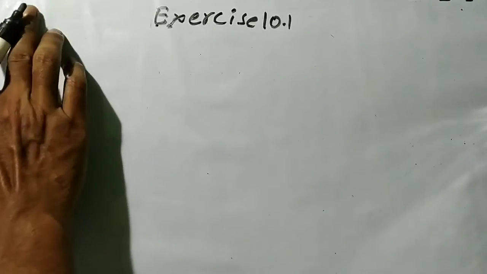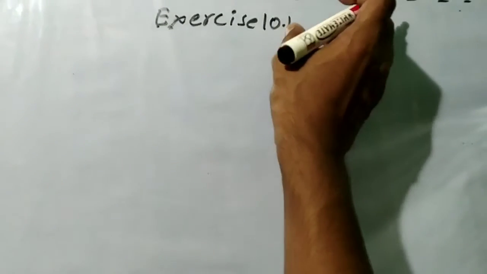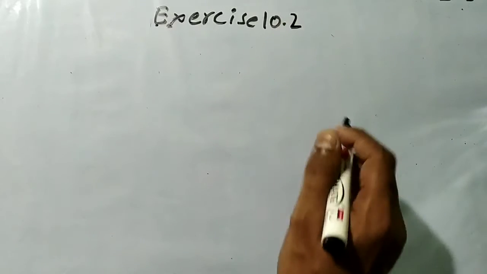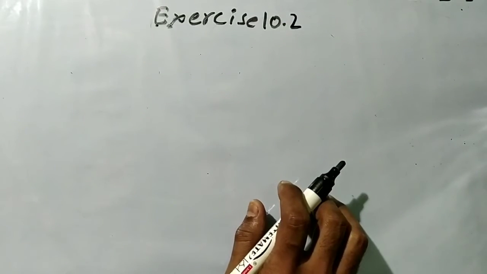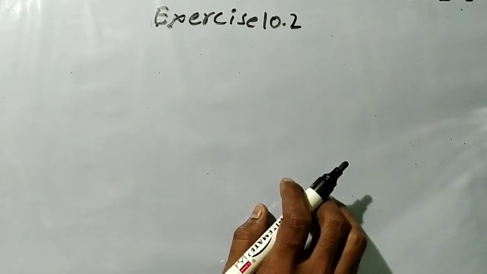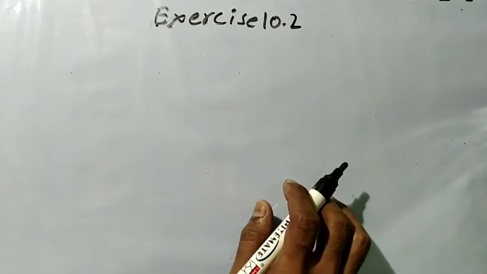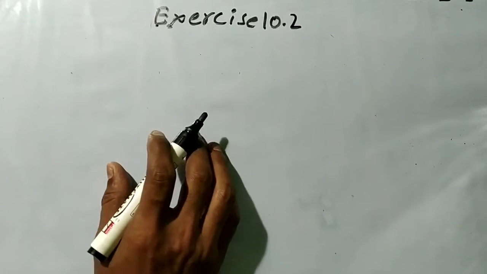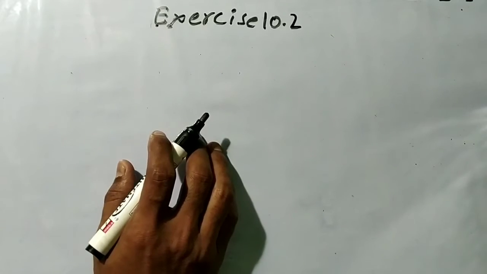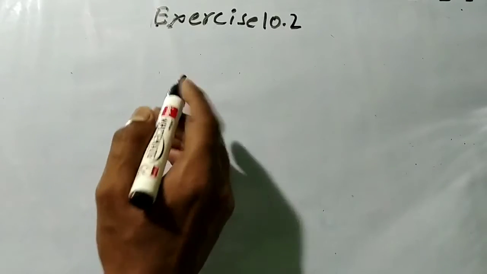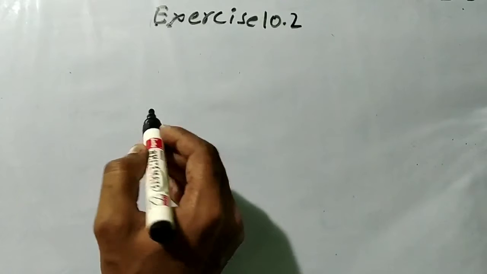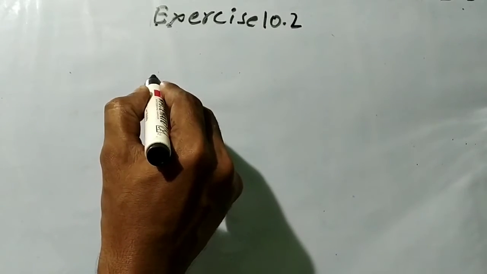So 10.1 is a completed exercise. Now before going to 10.2, the second exercise, we have to know what kind of problems we will face. The problems are embedded, a combination of two solid figures. Let's consider a hut.